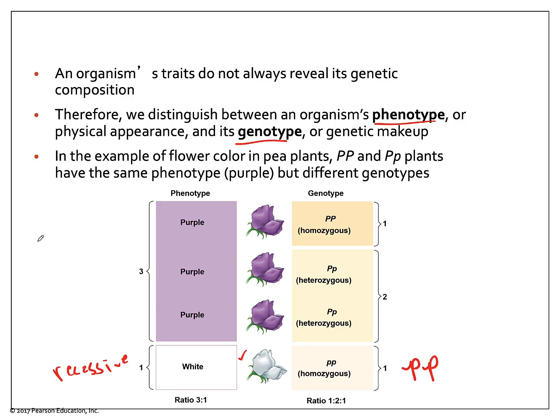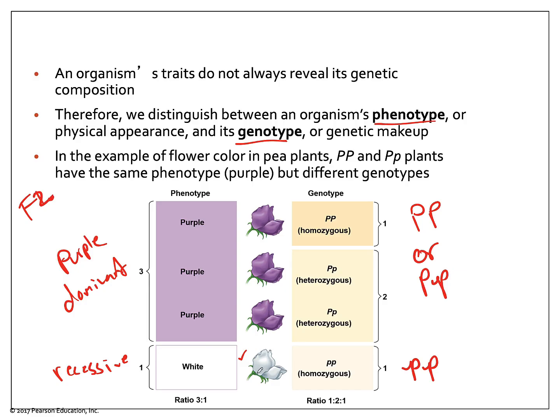However, this is an example. This is the F1 or the F2 generation here, where we got 3 purples to every 1 white. We have 3 purple, which is the dominant trait. These actually have 2 different possible genotypes. They can be big P, big P, or big P, little p. You cannot look at a purple flower and determine its genotype from just the color of a dominant trait.